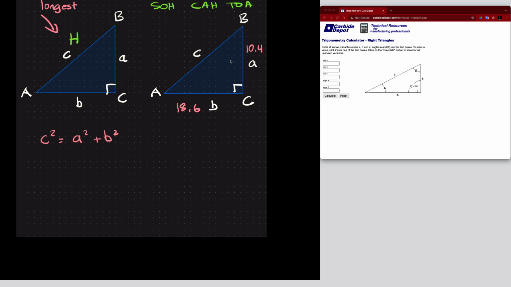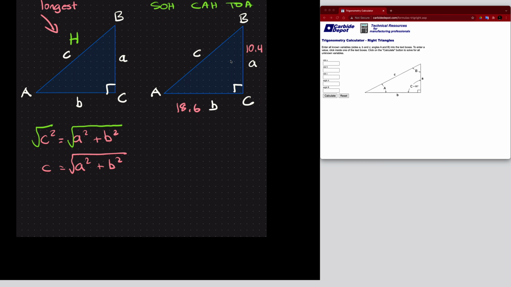So what I need to do is take the square root of both sides of the equation. And when we are taking the square root of something that is squared, those 2 basically cancel out. So what we end up with is c equals the square root of a squared plus b squared.